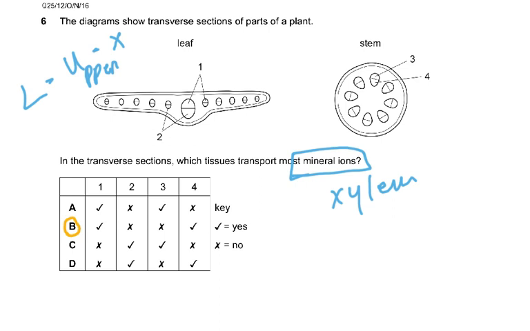So 1 is the xylem. And in the stem, the xylem is on the inside. So that had to be 1 and 4. So this was correct and this was correct.